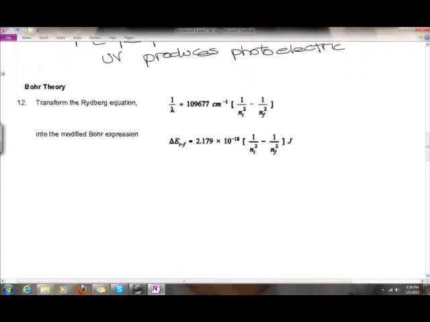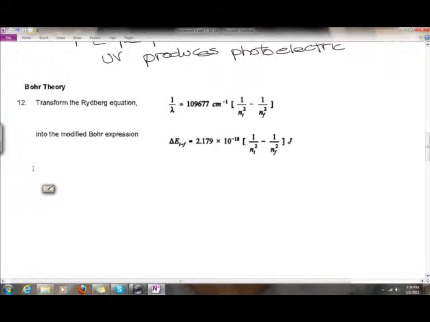In general, the Rydberg equation expresses 1 over the wavelength as a constant multiplied by 1 over the square of the initial energy level, n_i, minus 1 over the square of the final energy level.